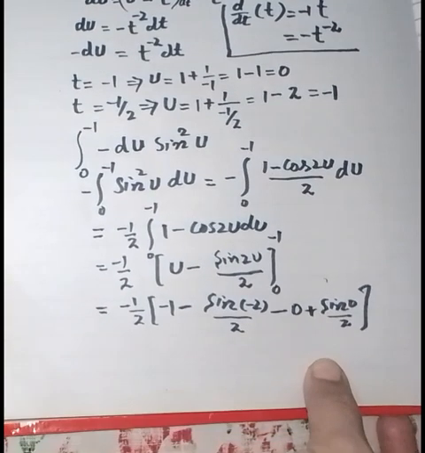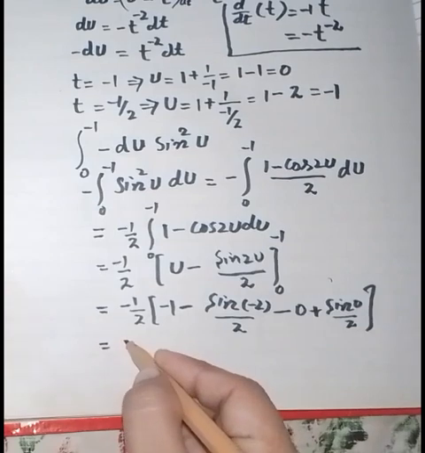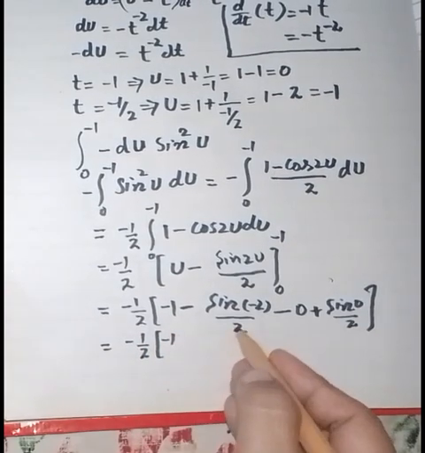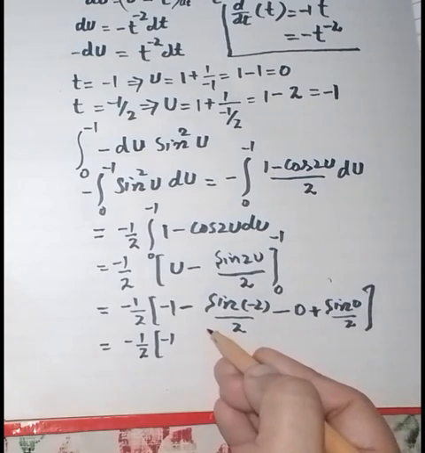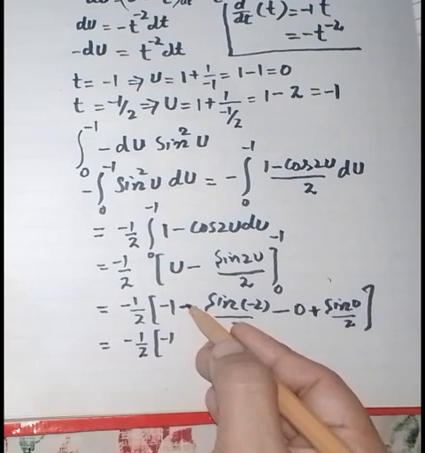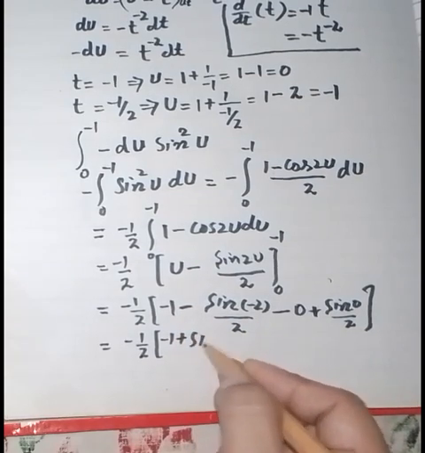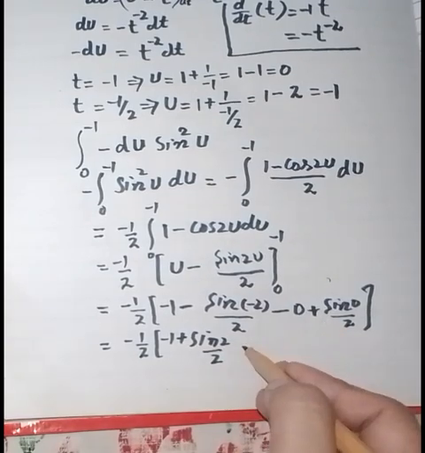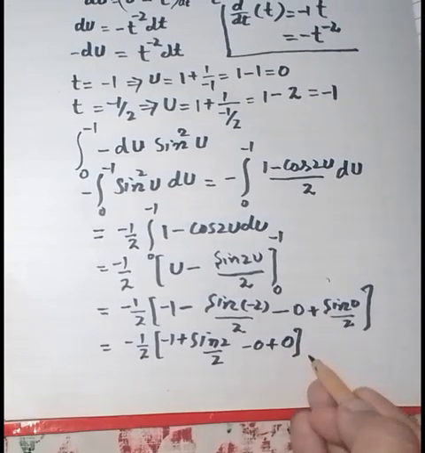So by simplifying, we have minus 1 by 2 minus 1, as sine of negative theta is equal to negative sine of theta, so this negative will come out and multiplied by that negative, it will be equal to plus sine 2 divided by 2, and it is equal to 0 plus sine 0 is 0, so it is 0.